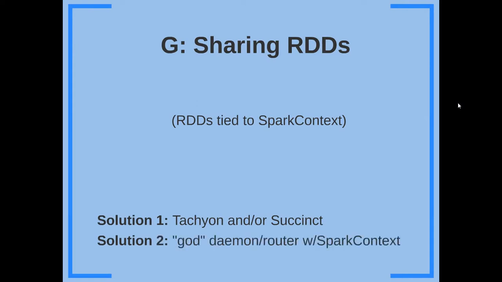The other solution, also not ideal, is to have one continuously running daemon that maintains hold of that Spark context and that RDD, and receives requests from other processes or applications to use that RDD. Now this is really far from ideal because you'd probably end up having to do some sort of REST interface. You would lose direct access to the Spark API and so forth.